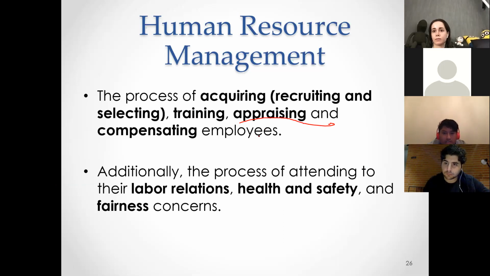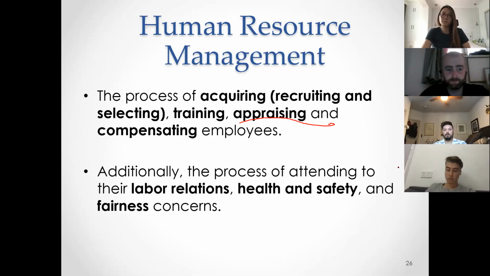Okay, Juan, what does appraising mean? No, Crystal, what does appraising mean? Evaluating. Good, evaluating. That was the other word I used before. Ethan, what does evaluating mean? Don't say appraising. Evaluating is just checking how the employee is doing in their work and in their environment. Just finding out if somebody's doing a good job or a bad job. That's appraising, also called evaluating.